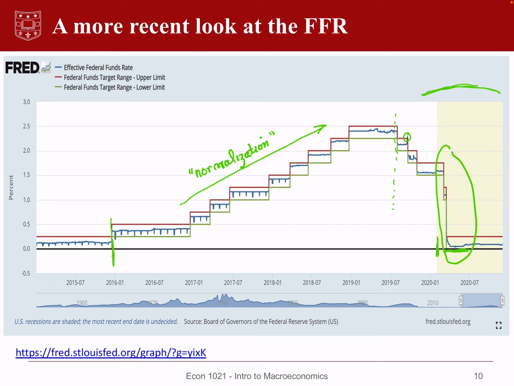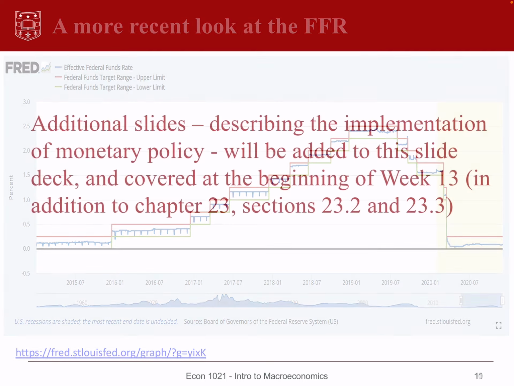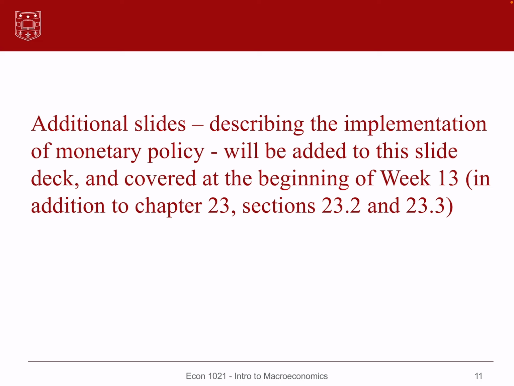So what we're going to talk about is why that happened, and then what are the monetary policy tools that allowed that to transpire. So you will see in the next module that there are additional slides that describe the implementation of monetary policy. So I'll add to this slide deck and repost.